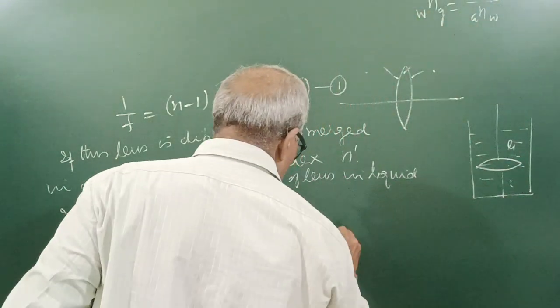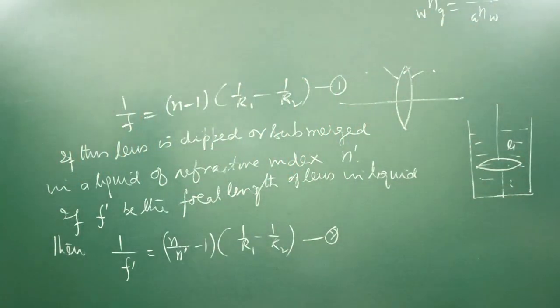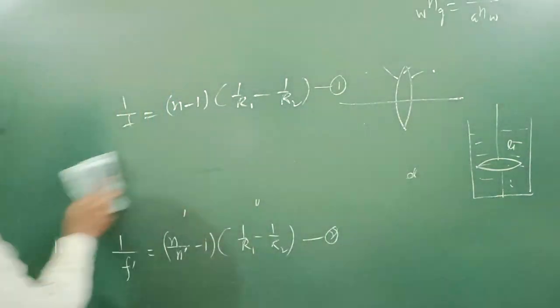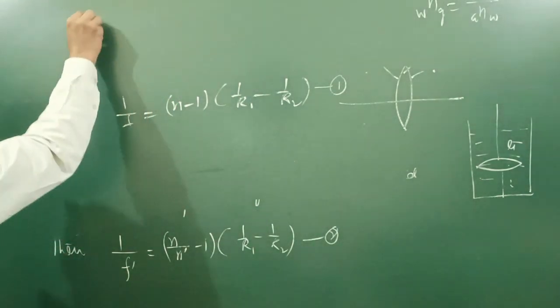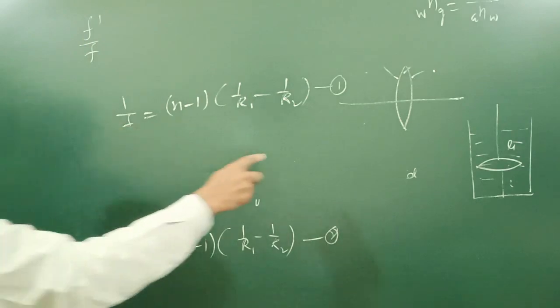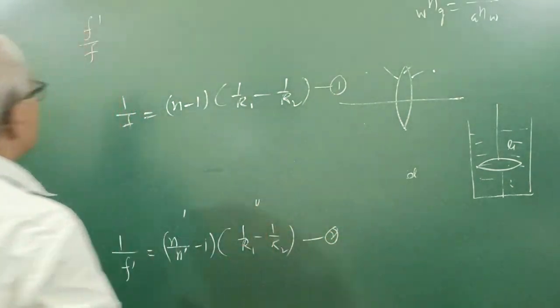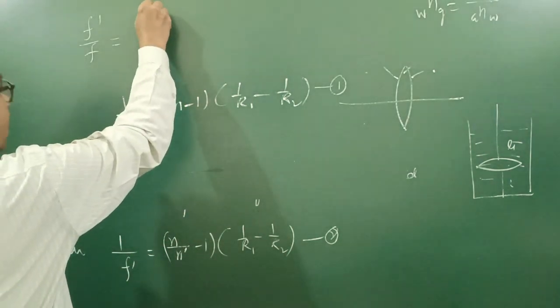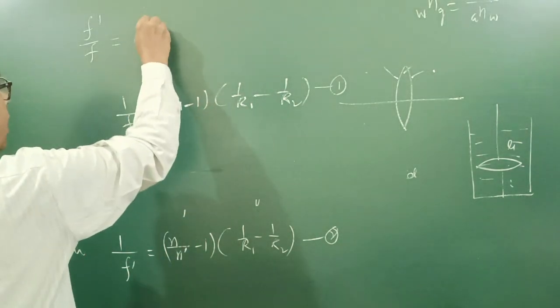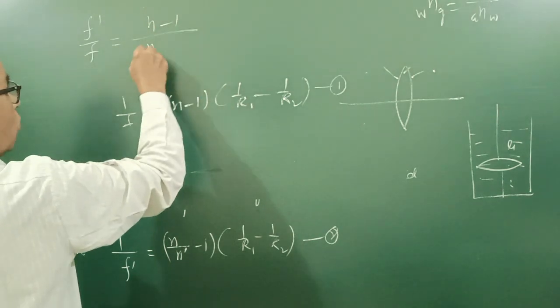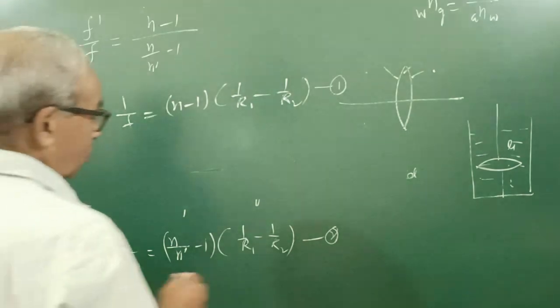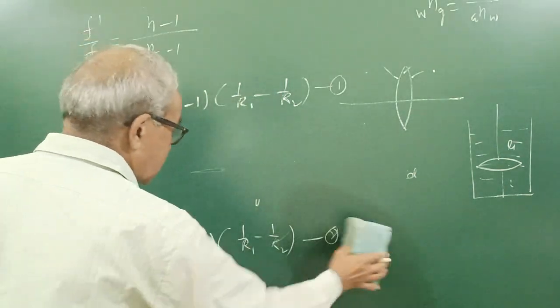This is equation 2. Now if we divide equation 1 by 2, we will get f'/f equals (n - 1)/(n/n' - 1). Simple.